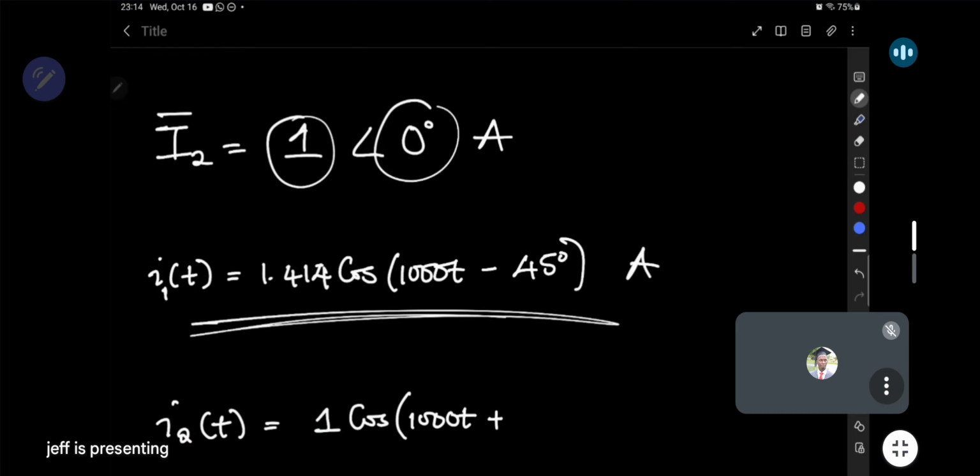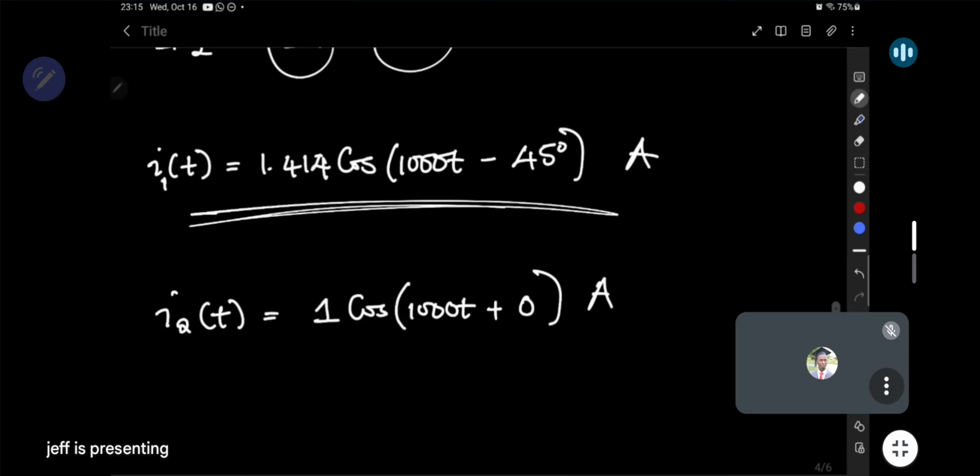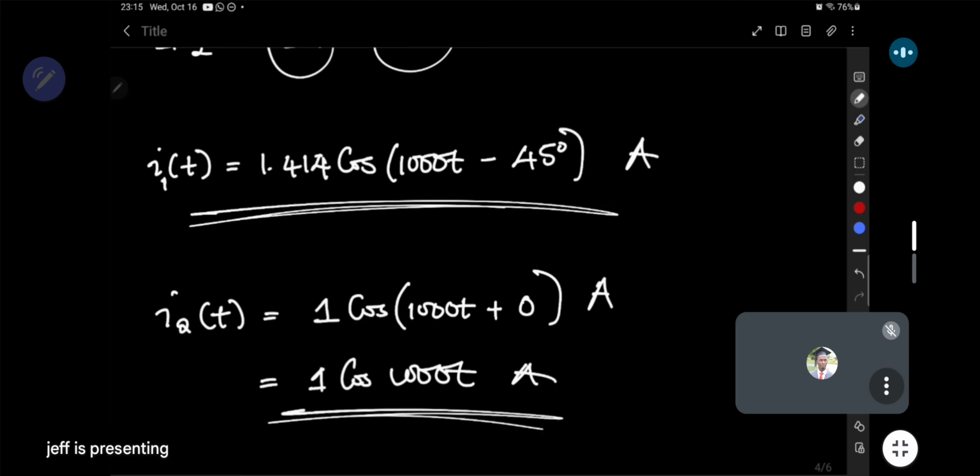Here the phase shift came out as 0, so you can say plus 0. But basically there is no need for us to include this 0. So you might as well present this as 1 cos 1000 t as the current in the second mesh.